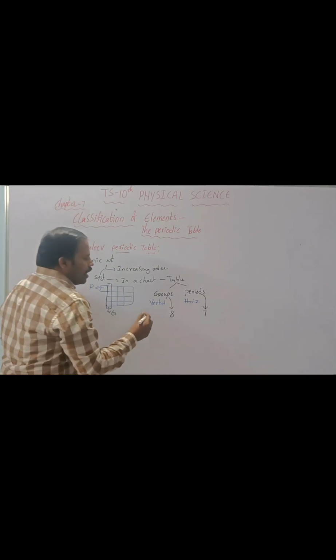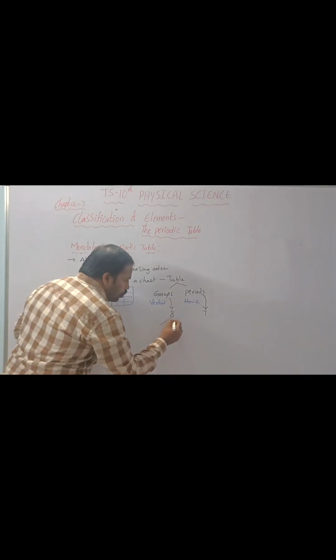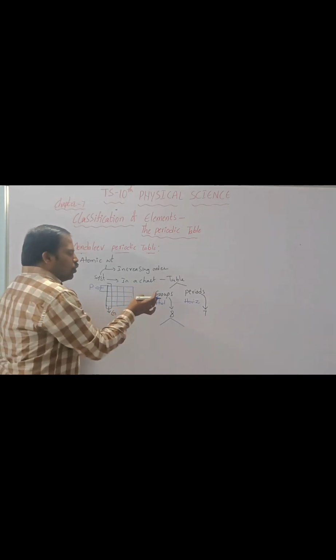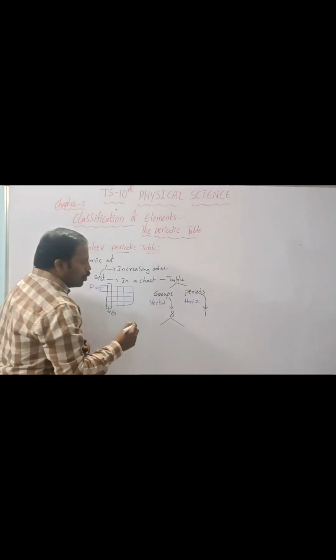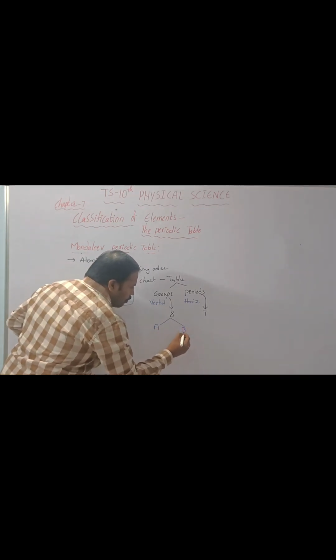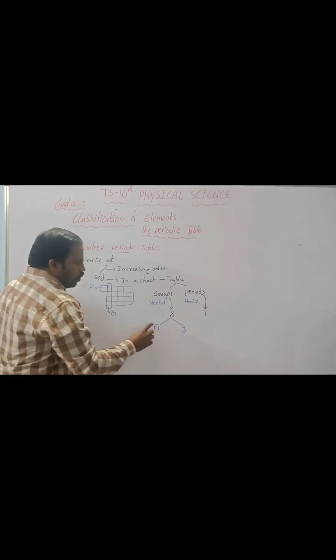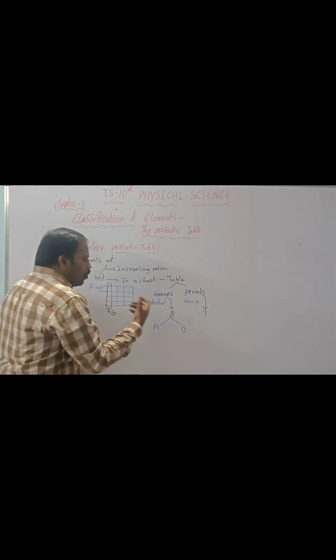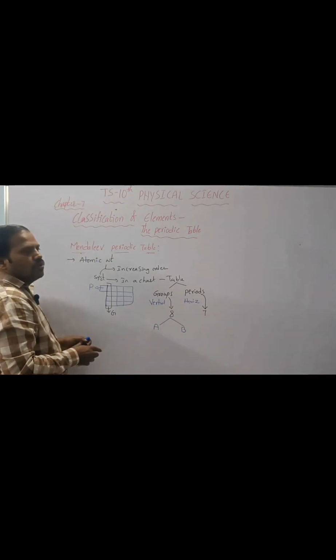Each group is again subdivided into two subgroups, named A and B. Sir, how did he arrange those two subgroups?